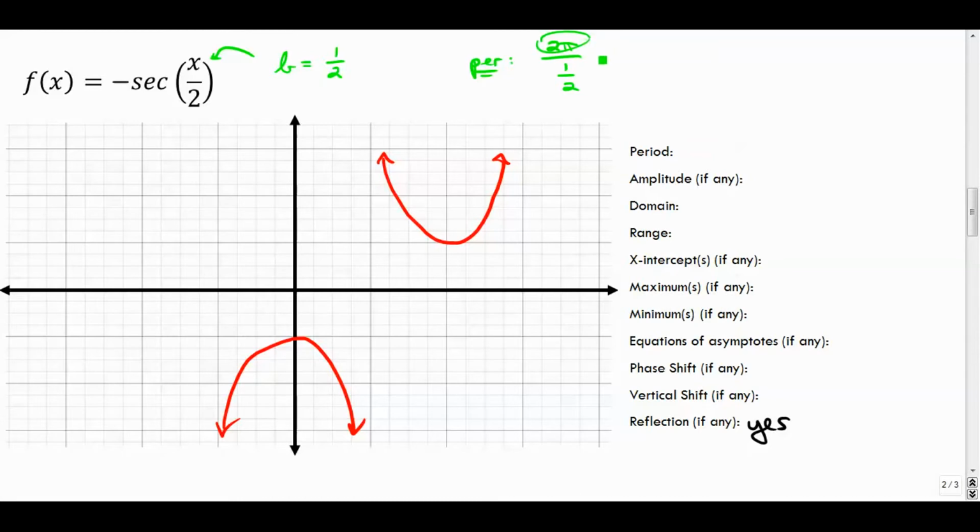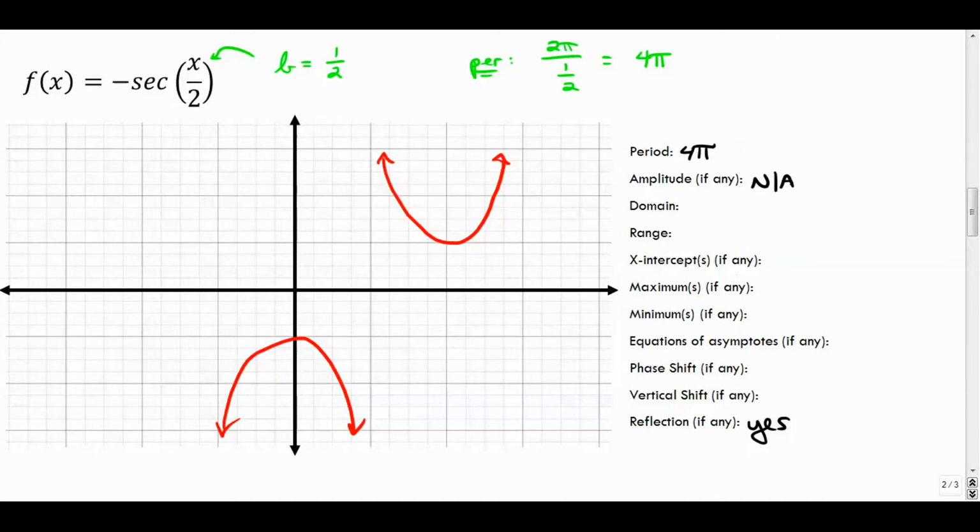I'm using 2 pi because that's the normal period of the secant function. Well, that's just 4 pi. So my period is actually twice as big as it normally is, even though this is a fraction. Amplitude doesn't really apply for these because there isn't any. Domain and range we'll come back to.